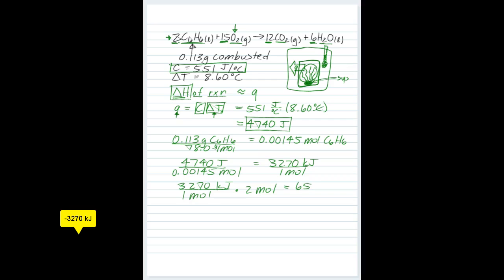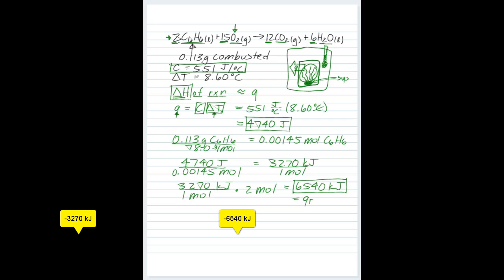And I'm going to get a value of 6540 kilojoules. That is the heat of reaction, because that's the amount of kilojoules that are escaping that benzene as it is being combusted. That's the amount of heat for 2 moles of benzene.